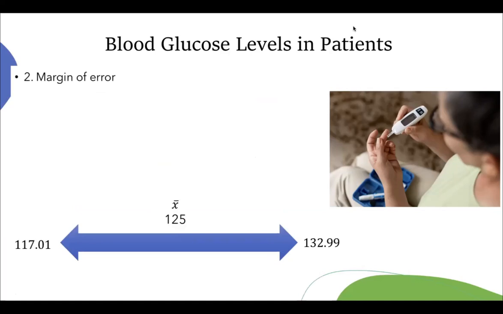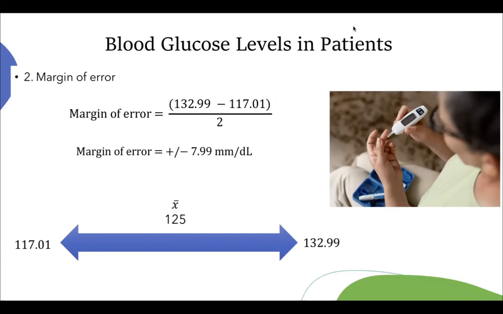Now let's do the margin of error on this confidence interval. Let's take 132.99 minus 117.02 and divide by 2. I get negative 7, plus or minus 7.99, which means that we could take our point estimate of 125, subtract 7.99 to get our lower limit of the confidence interval, and add 7.99 to get the upper limit of the confidence interval.